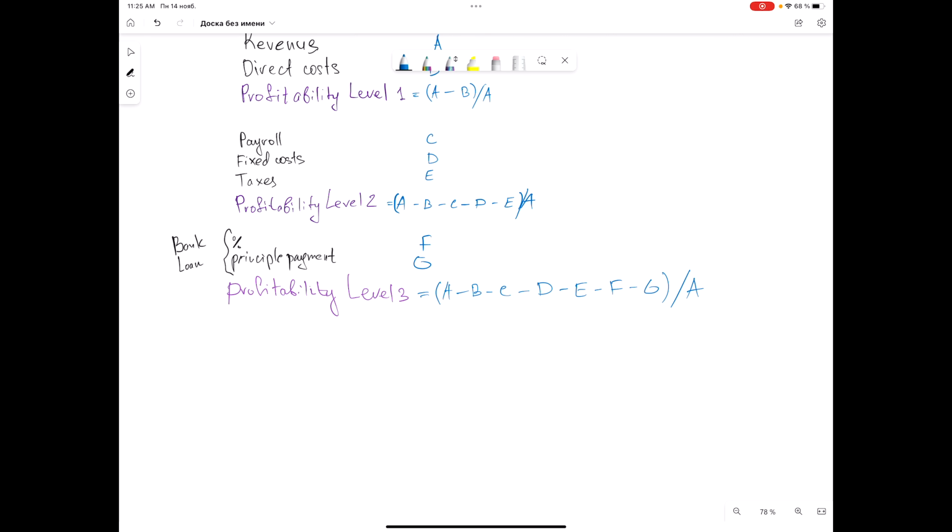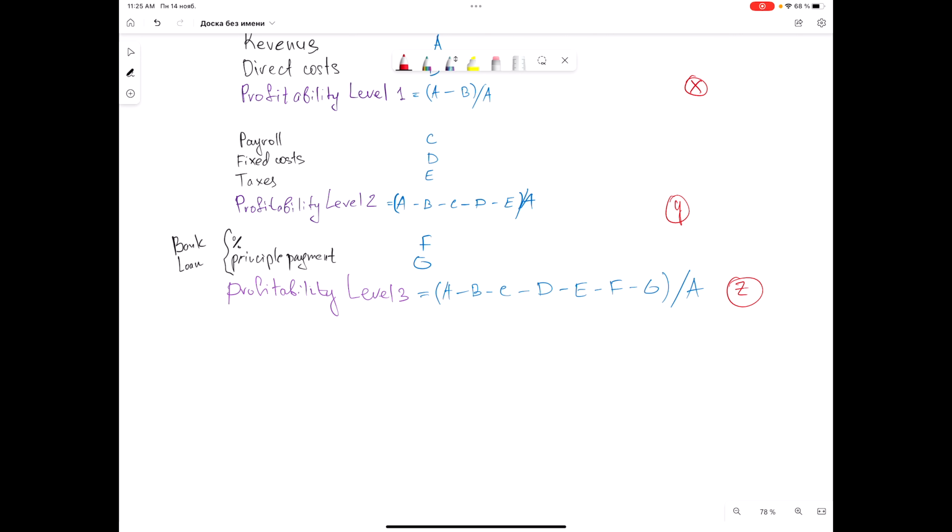So in this case we have three main levels of profitability. Let's call them X, then Y, and then Z. So what interesting information can you see behind all these ratios?